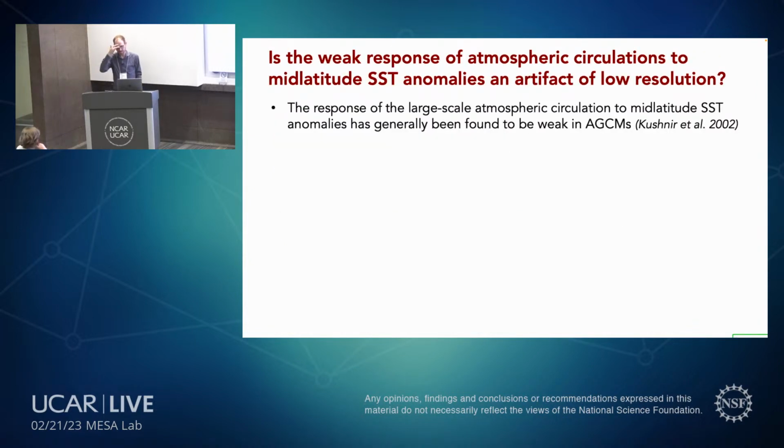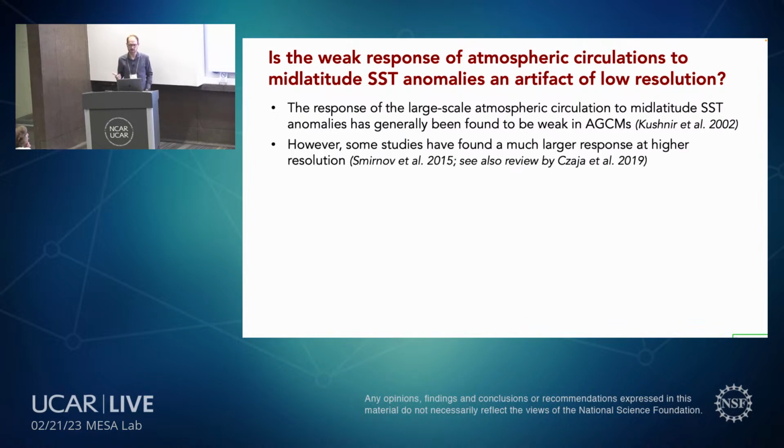So there's been this long-standing idea that mid-latitude SSTs don't matter very much for the atmospheric circulation. There's a nice review paper by Kushnir in 2002, basically one of the main papers about this. But then there's been some more recent work suggesting that this could be an artifact of not fully resolving the relevant processes.